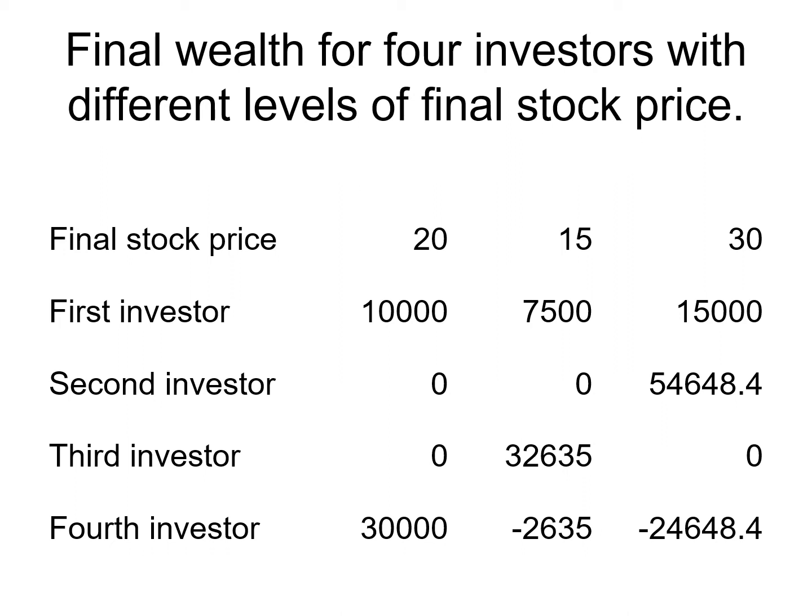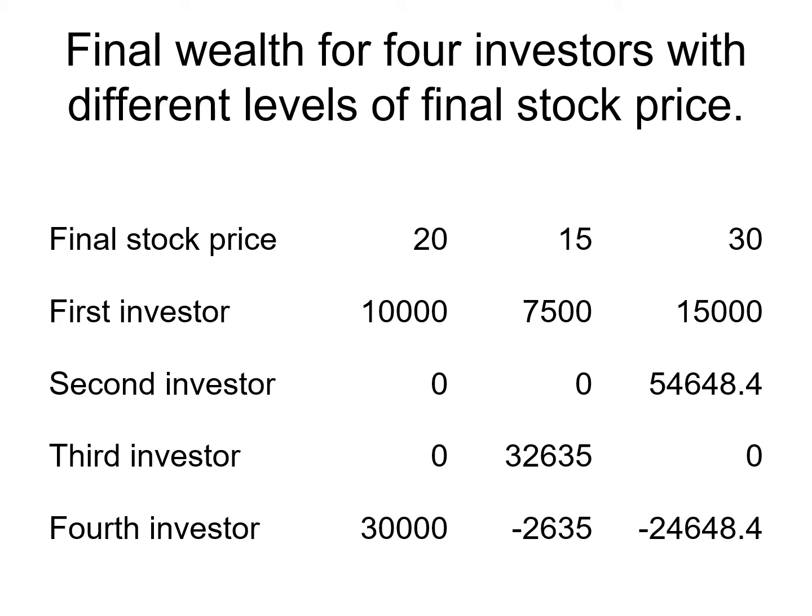So you see, the option investment is a non-linear investment. Even if the final stock price remains the same, he could lose everything. But once the market moves in his direction, he can make a lot of money.